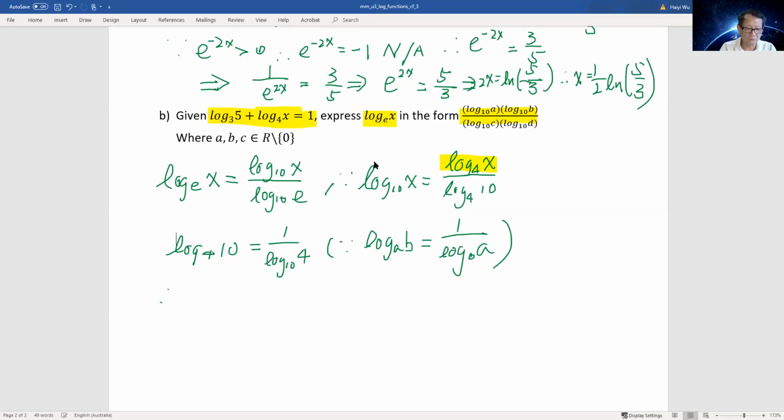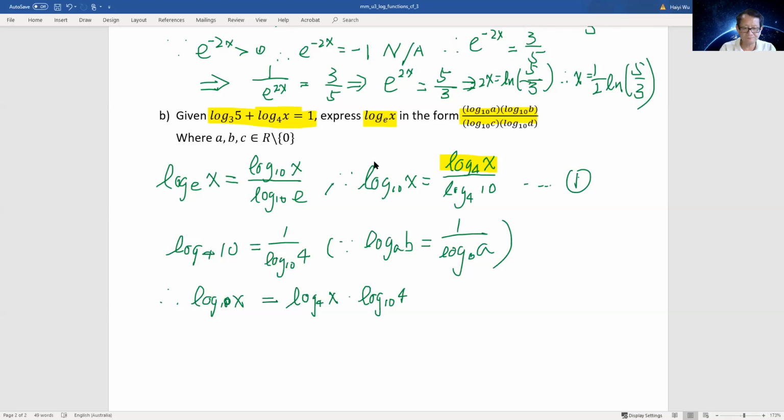So therefore, our log base 10 of x, we call it equation 1. So equation 1 changes to log base 4 of x, times log base 10 of 4. So now we're one step closer.